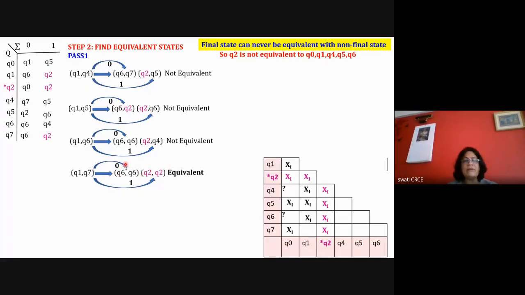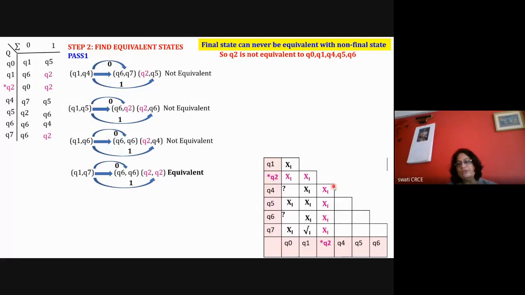So both the pairs are equivalent to each other. So I've got the answer for Q1, Q7 that they are equivalent, which I have identified in pass 1 only. So I'll write it here and mark it. Okay, so now everything is done with Q1.